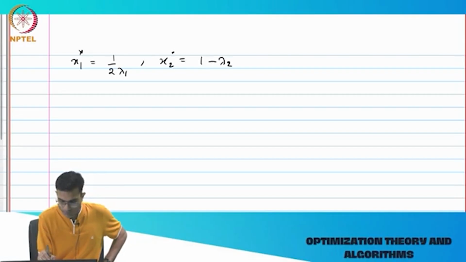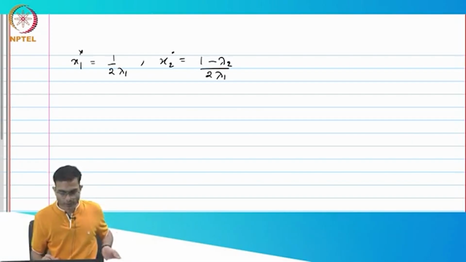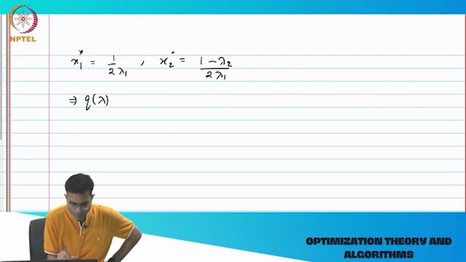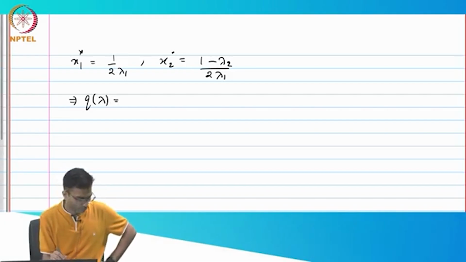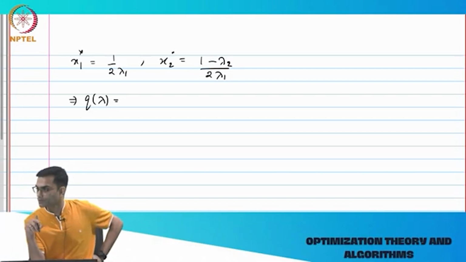1 minus lambda 2 divided by 2 lambda 1. Okay, so I've done my part 1. I've basically got my x star, and now I can substitute and get q of lambda. So I need to substitute this x1 star and x2 star into that q expression in order to get it.